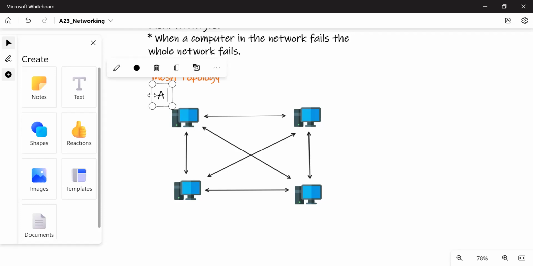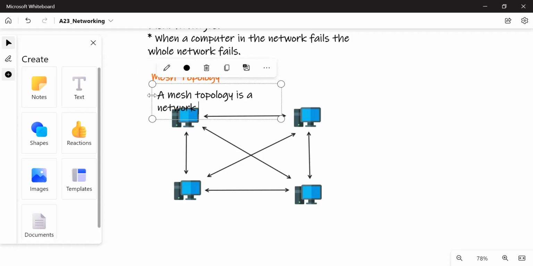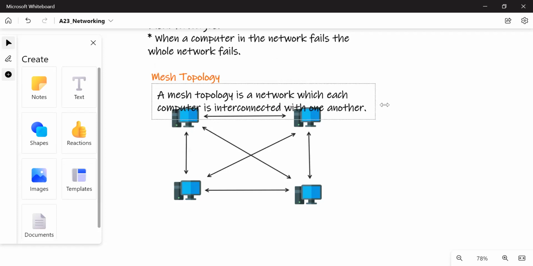So we can say a mesh topology is a network in which each computer is interconnected with one another, right? So that's the point we want to make here.